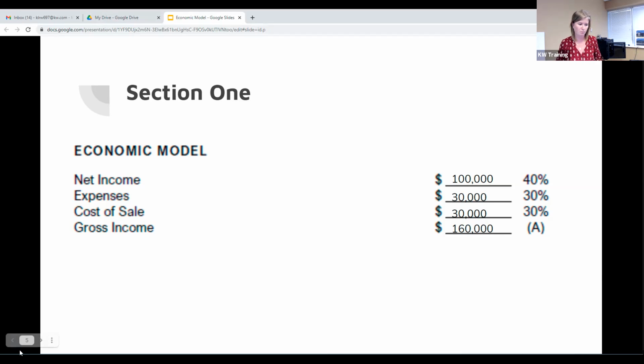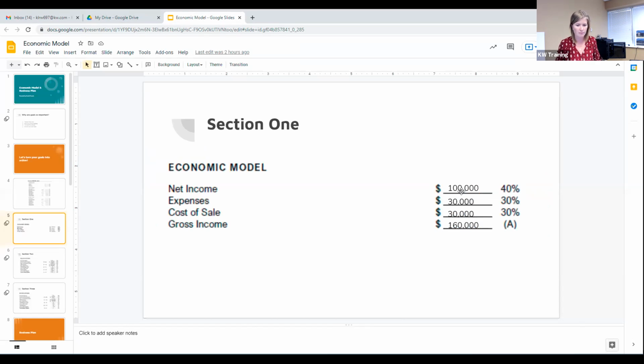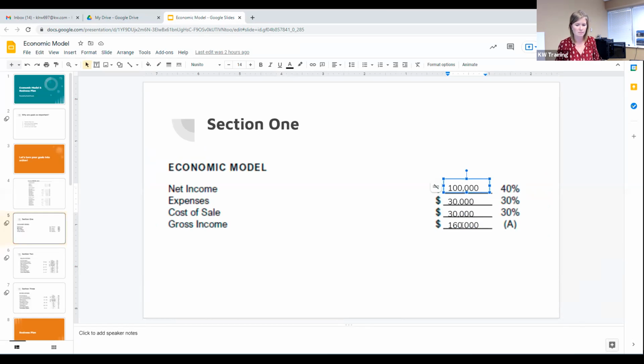Sure. So let's go back and work it together. Okay. Then walk me through it. So if you want 100, 40% of 100, so you take 100,000 and then divide it by 0.4. It's going to tell you what it's 40% of, which would be 250,000.